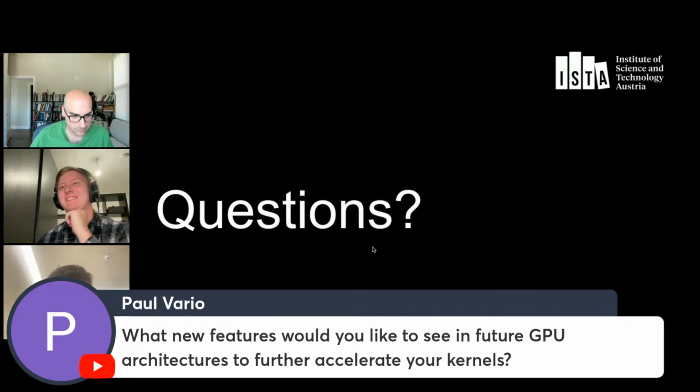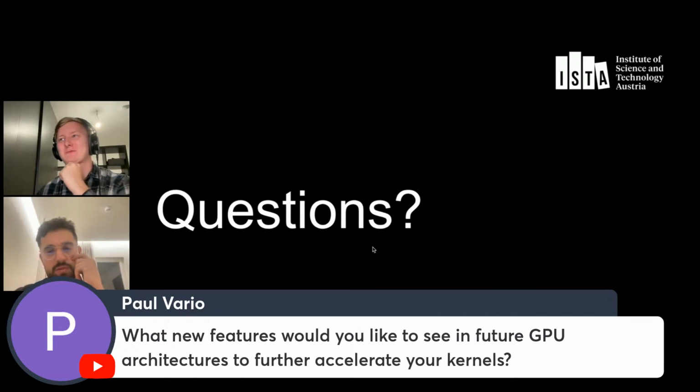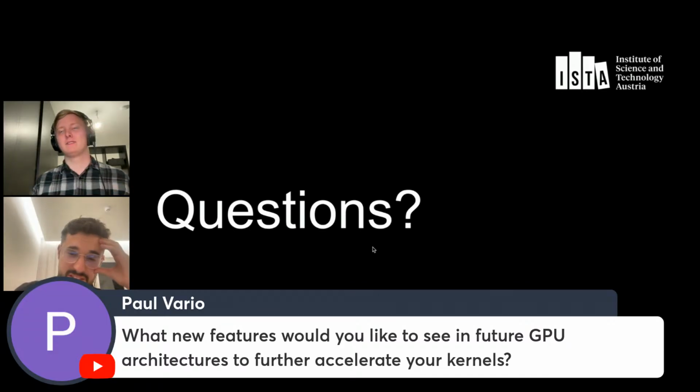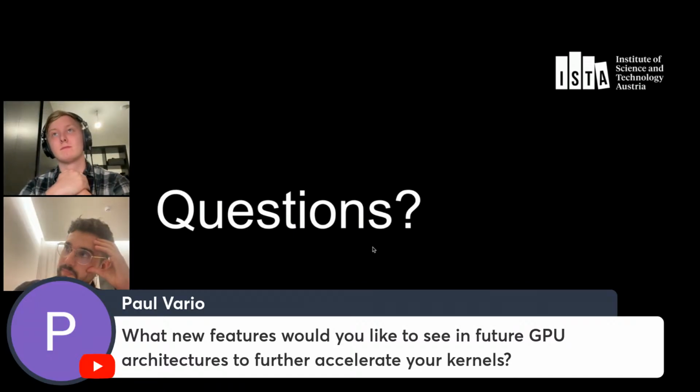What new features would you like to see in future GPU architectures to further accelerate your kernels? Oh, that's a very good question. That's a very good question that I don't always ask myself.